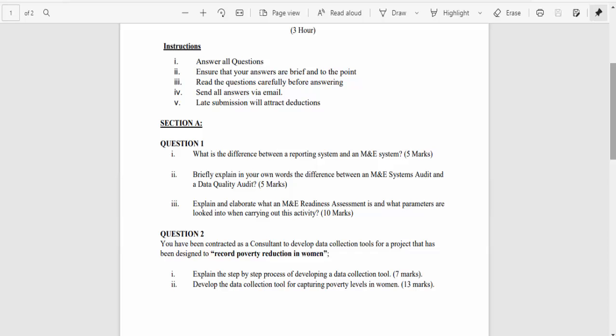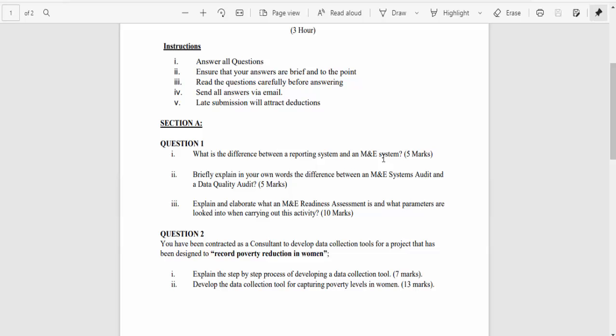So what is the difference between a reporting system and an M&E system? Basically, I like to start by defining what an M&E system is. An M&E system is a mechanism for continuous learning and improvement. But when you talk of a reporting system, it just generates information, okay? But the thing that is missing is the actual learning.